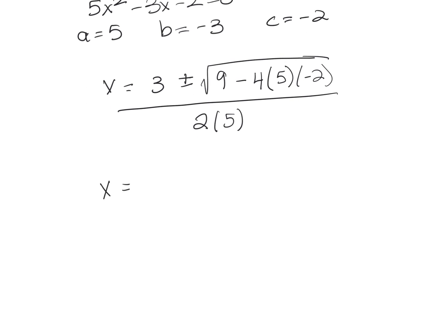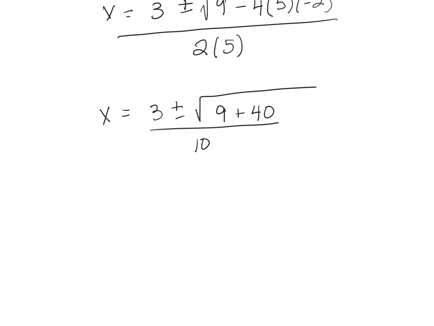X equals 3 plus or minus the square root of 9 plus 40. That's 20 times 2. Negative make a positive. All over 10. X equals 3 plus or minus the square root of 49, all over 10.